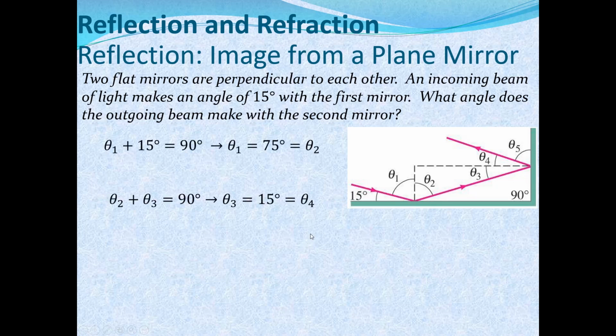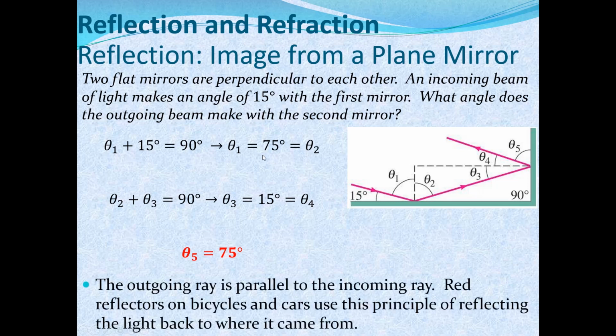So basically, you're just using your geometry to figure out that this angle, the one that we're actually looking for, is going to be 75 degrees. Some of you may have guessed that that might have been it, but you do want to make sure you're paying attention, because there are questions in the book where instead of it being at 90 degrees, it ends up being at some other angle like 60 degrees, or it might be interacting with a triangular surface.